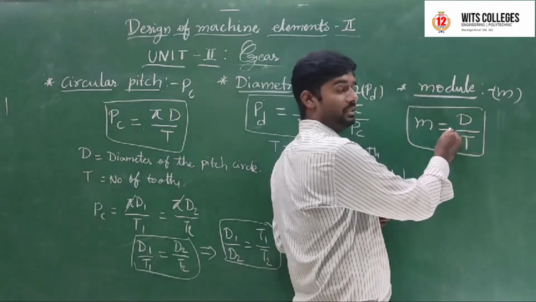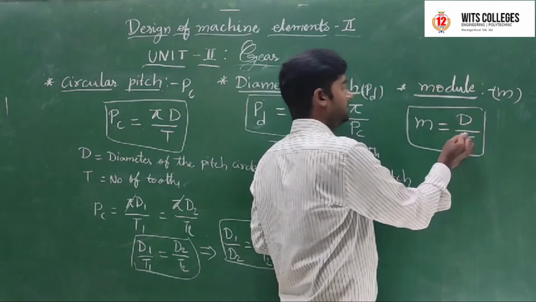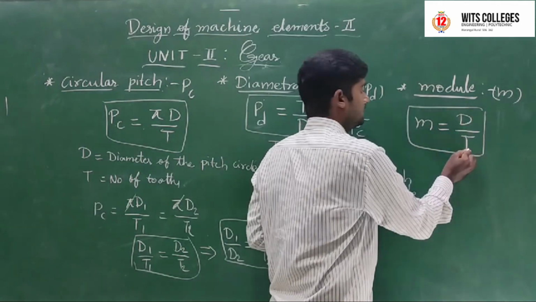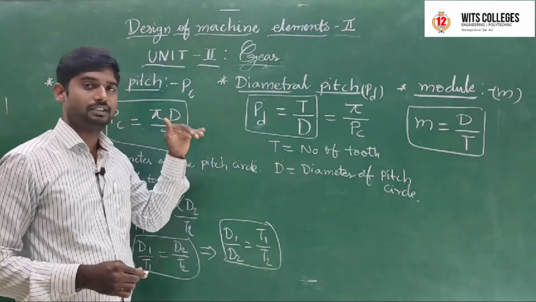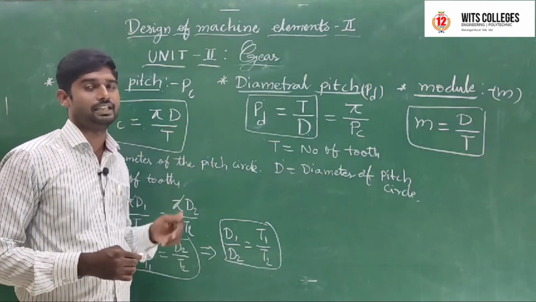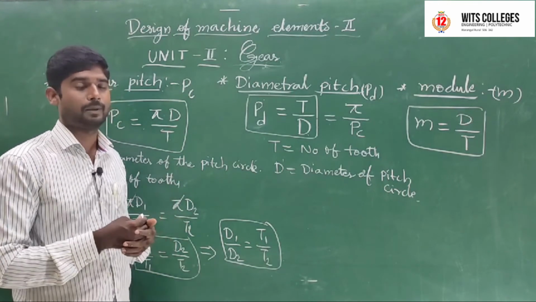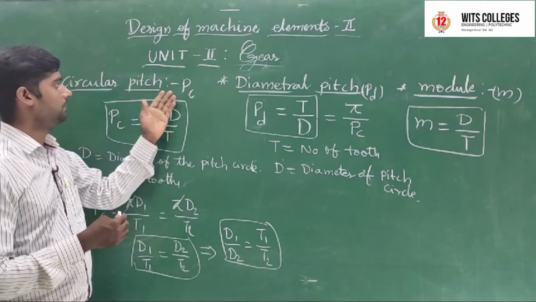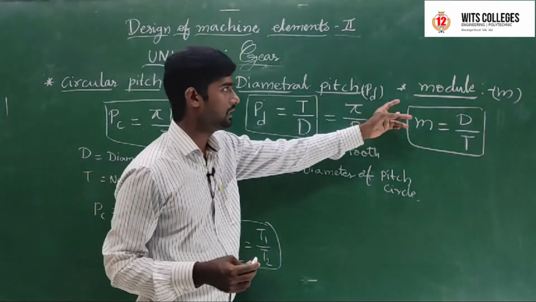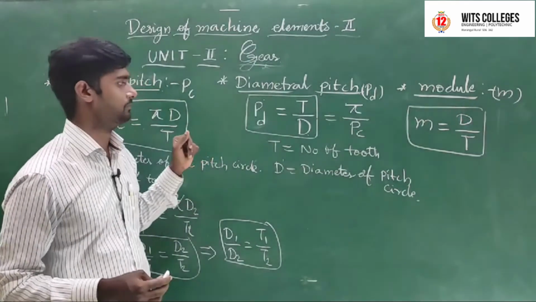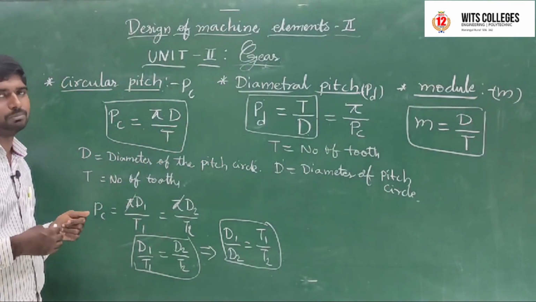Module is equal to capital D by T, the diameter of the pitch circle by the number of teeth. These three are the most important terms used in gear nomenclature. Circular pitch is denoted by PC, diametral pitch is denoted by PD, module is denoted by M.